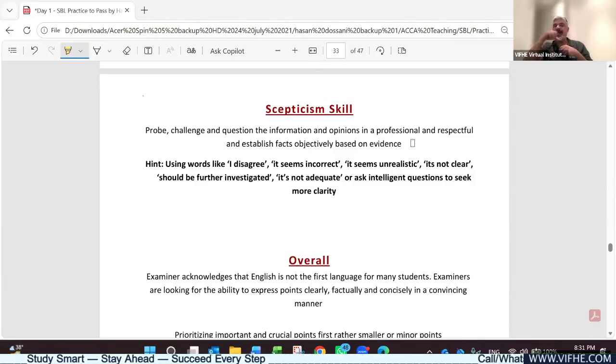How many of you have a skeptical mind? A lot of students have a skeptical mind. They don't trust me, right? Do you guys trust me as an SBL teacher?